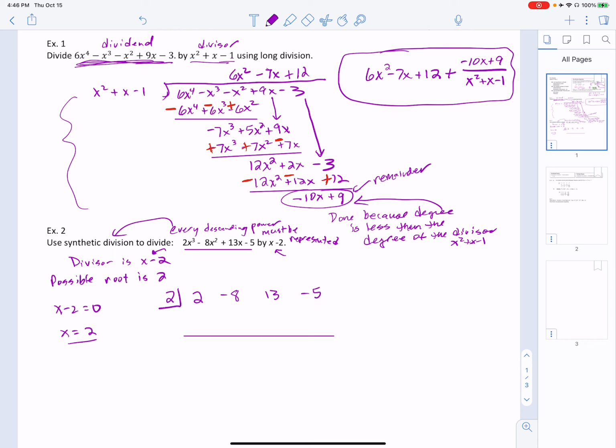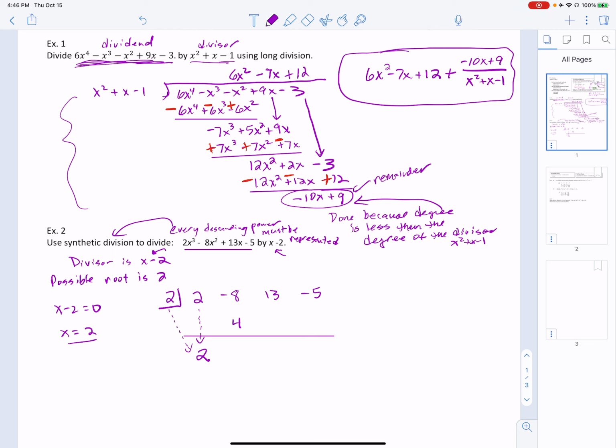And so the first thing you do in synthetic division is you bring down this first coefficient. They have to be in descending order. And then you take that divisor, that possible root, and multiply by that number and put it underneath the next one. So 2 times 2 is 4.